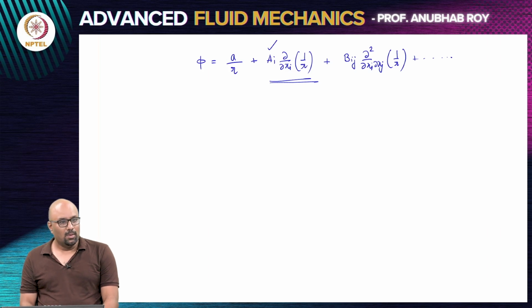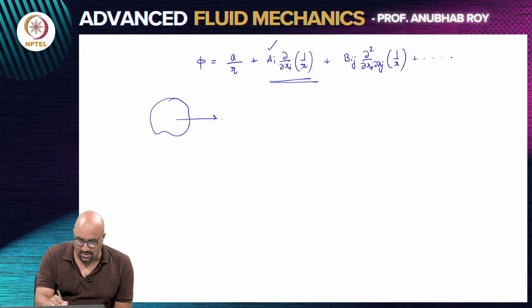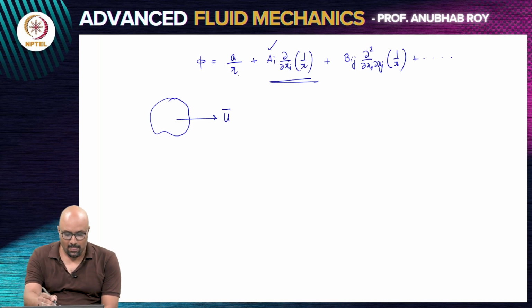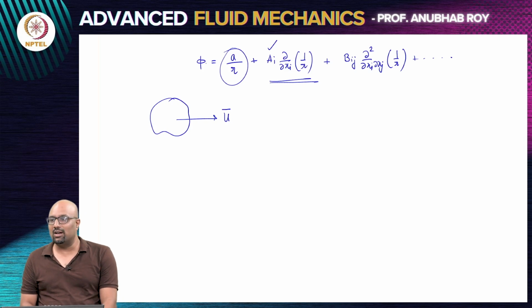Now, when you do a problem of a body that is translating with some velocity, at this moment this could be translating with some arbitrary velocity. So, when you have this particular feature, what does this convey? What is that 1 over r potential?